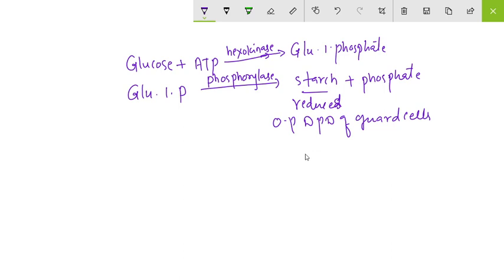Okay, and when the DPD or osmotic potential of the guard cells gets reduced, the wall which was stretched loses water outside. Due to that, the wall gets flaccid, and these walls collapse above one another.